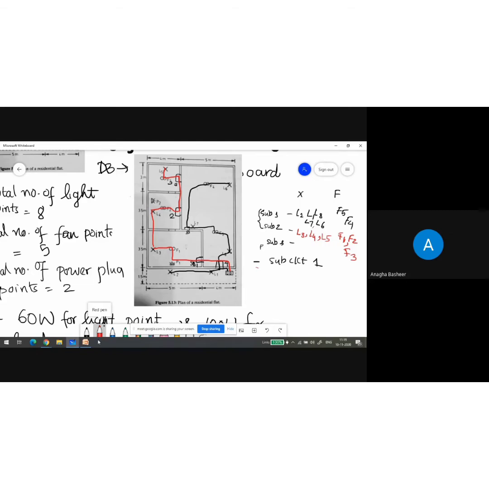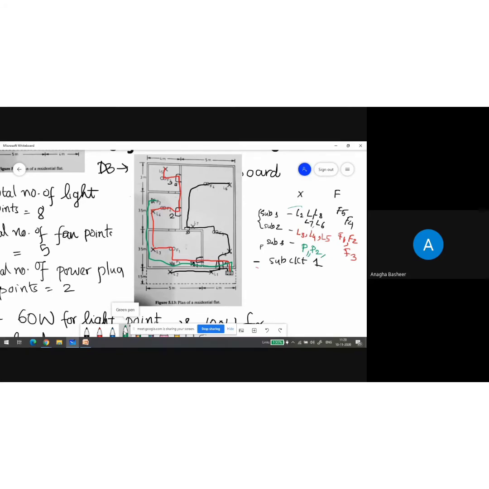Then next is the power subcircuit. Power subcircuit means only the remaining power plugs. So we need a separate circuit for the power subcircuit. Power points, right? Our electric heater or air conditioner, all these need a power plug. That is for the power subcircuit, P1 and P2.